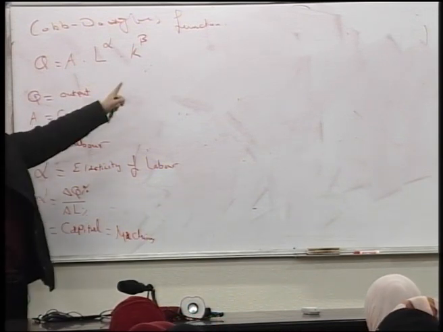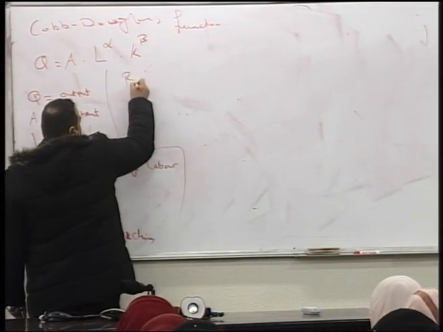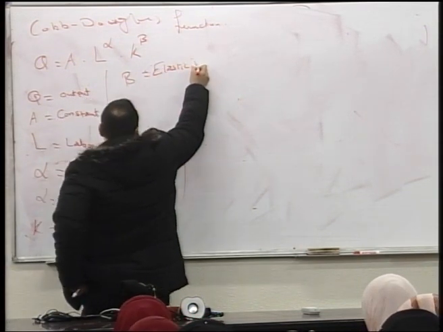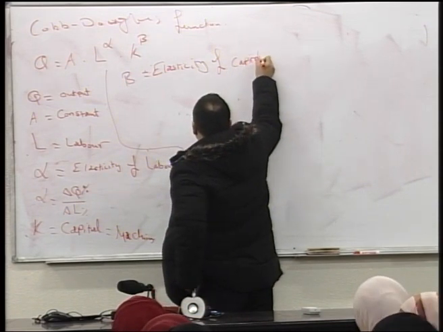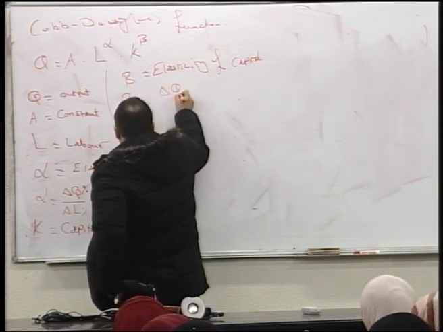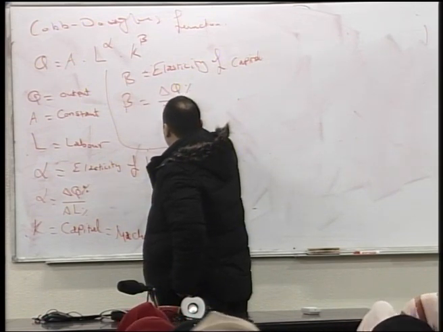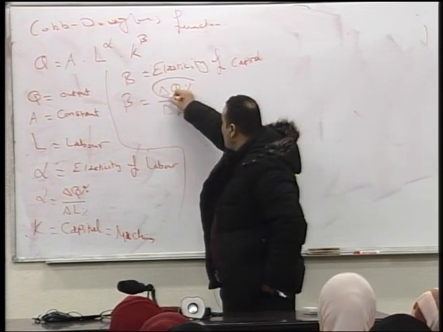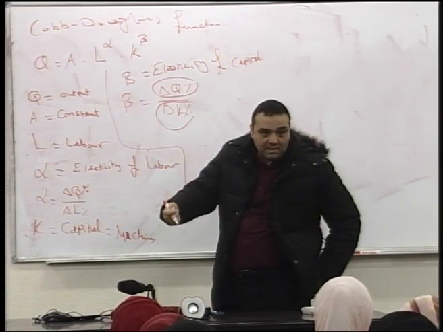And beta here is the elasticity of capital, which is the percentage change in outputs over the percentage change in machines, capital. Which means, what will happen to the output if the capital increased, when we add more capital? Yes.